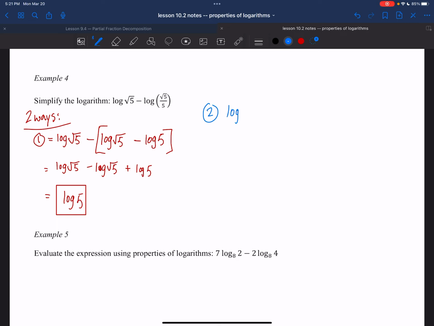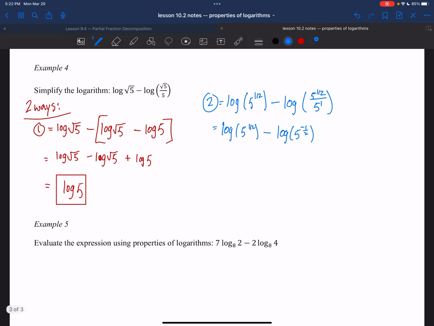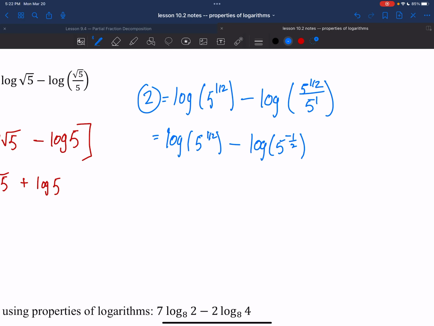You see, this is log of 5 to the 1/2 minus log of 5 to the 1/2 over 5 to the 1, which means this is actually equal to log of 5 to the 1/2, I'm not touching that one, minus, and then if you do your subtraction rule for exponents, that's log of 5 to the negative 1/2.